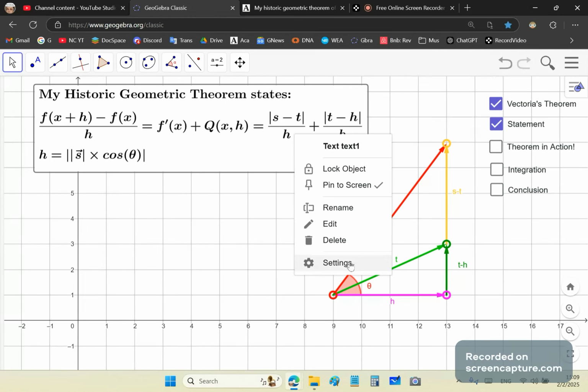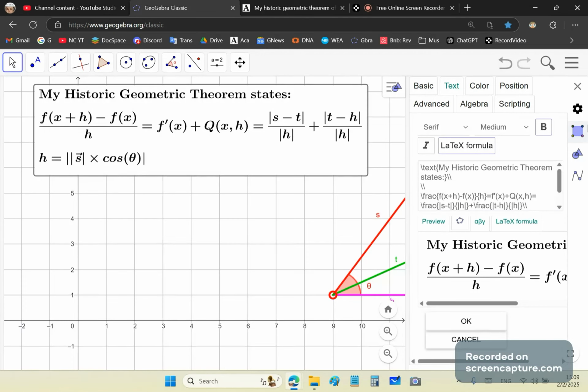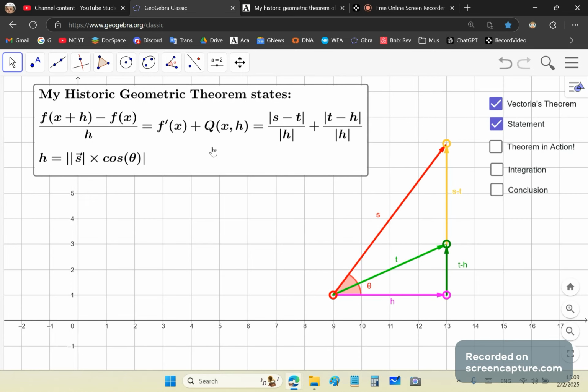In fact, this is how it should look. Let's fix it while I'm here. That's very easy. Just go like this, and like this. And it's fixed. Okay. So this is what Vectoria's theorem states, this little part here.